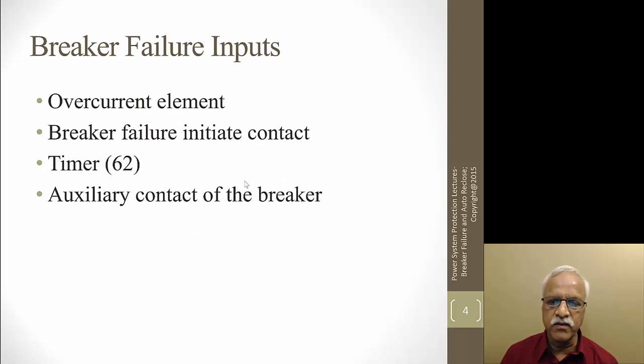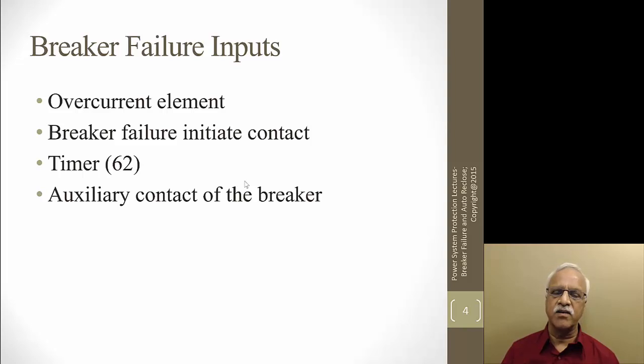And what we do here is we use an overcurrent relay as one of the breaker failure inputs. We monitor the current, and if a signal is given to open the breaker and the current doesn't go away, then we know that there is a failure. We also start a timer when the breaker failure is initiated, and that timer allows the main breaker to operate.